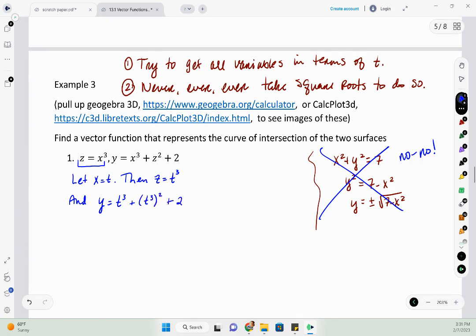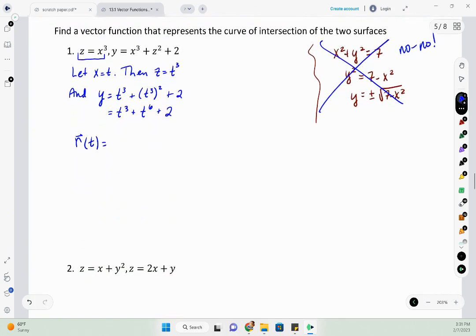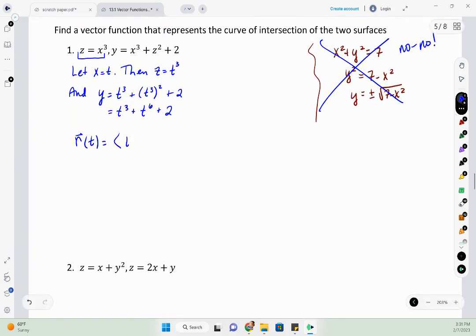And then plus 2, which boils down to t cubed plus t to the, if we have a power raised to a power, we multiply, so t to the 6th plus 2. All right, that gets everything in terms of t. So our vector function is equal to a vector with components t. The y component is t cubed plus t to the 6th plus 2. And the z component is t cubed.